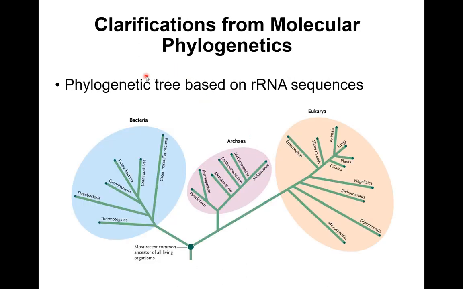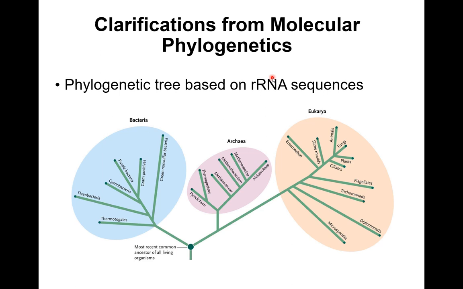This is another phylogenetic tree that has been produced using ribosomal RNAs. As you can see, ribosomal RNA is a type of biomolecule that is highly conserved. There are only a few of them, and they have an essential function, right? Ribosomes do translation, so they cannot be the product of excessive variability, and therefore there is very little variation.